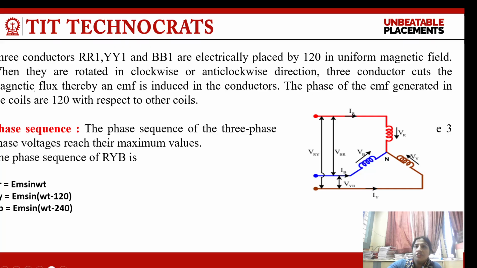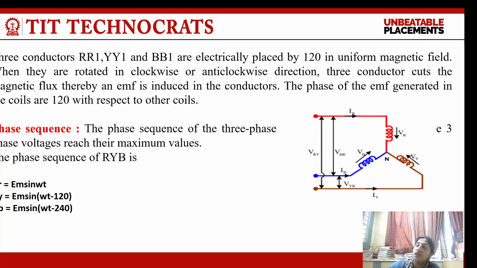When you generate three waves, one will attain the maximum value, and after that the second wave is going to attain the maximum value, and after that the third wave, and thereafter the first wave is again going to attain the maximum value. This sequence in which one attains and then another attains the maximum value is known as phase sequence. And in the phase sequence, all the three waves differ by a phase angle of 120 degrees.